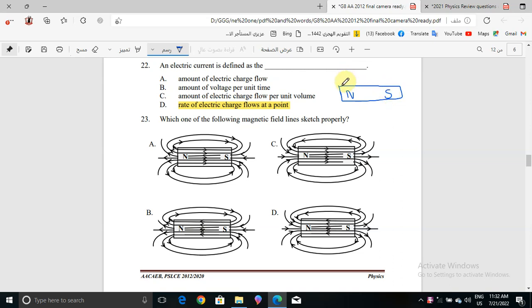So it will be like this. Here, which one will be the correct one? It will be choice B, right? So the correct sketch of the magnetic field lines is in choice B. Also, you will find it in the grade 8 textbook.